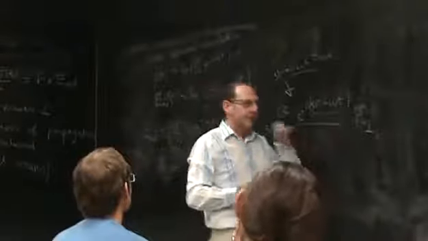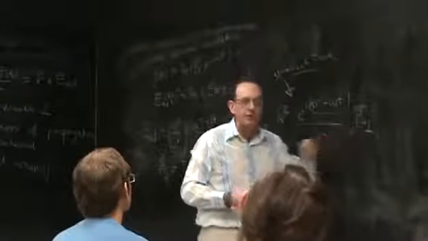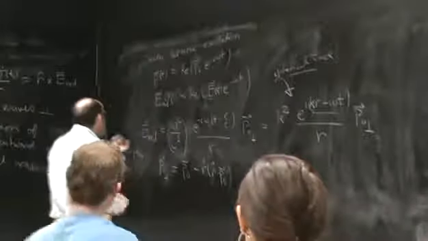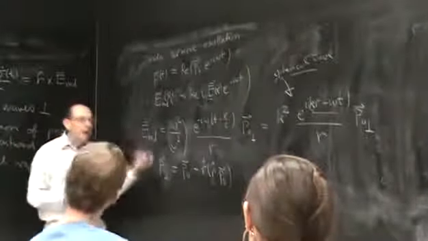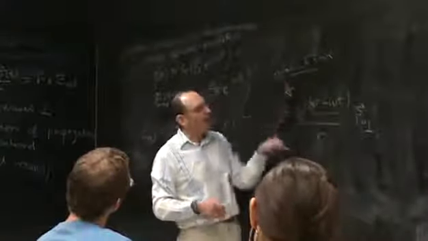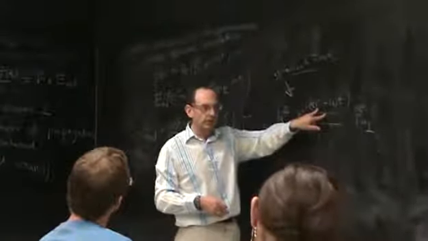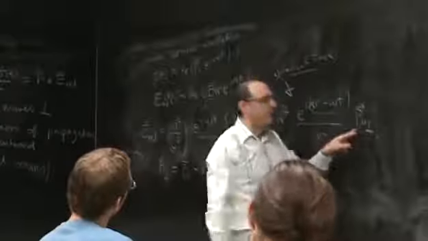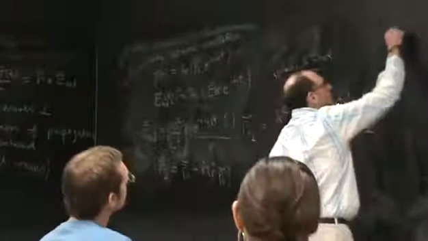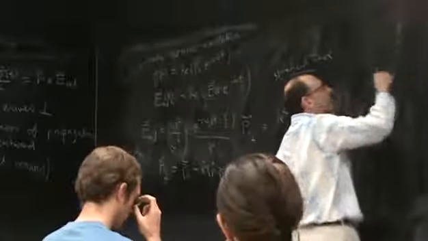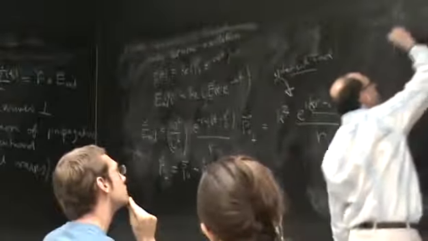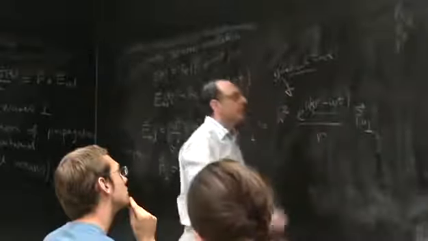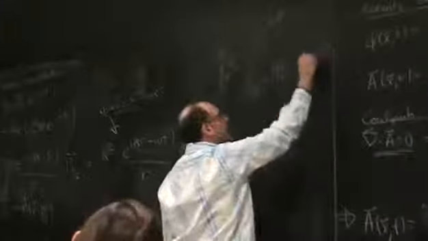Now, there's one last piece that I want to cover before we quit: what about this P perp business? What this says is that the strength of the electric field is not isotropic, even though the wavefronts are spherical. The strength of the wave is not the same at every position because of P perp. If this is P naught, the direction of oscillation, and I'm looking at it over here, and this is the angle theta, then P perp is equal to the magnitude of P naught times the sine of theta.